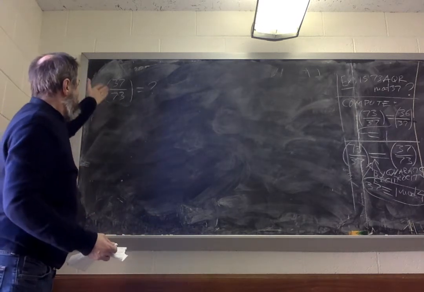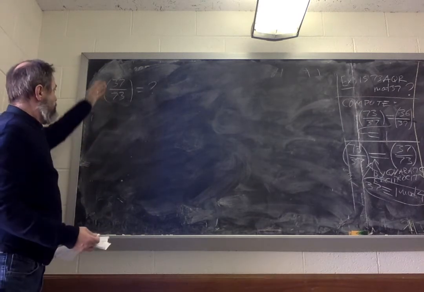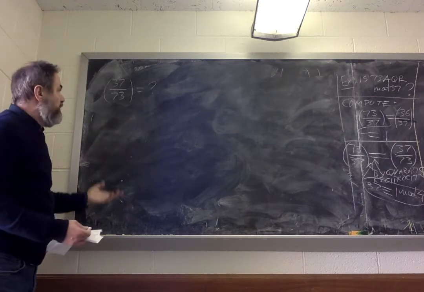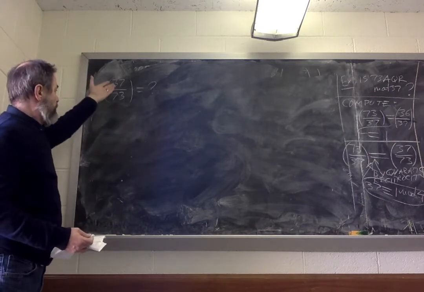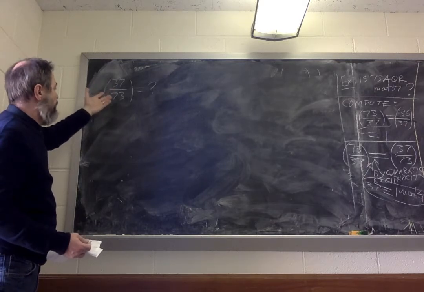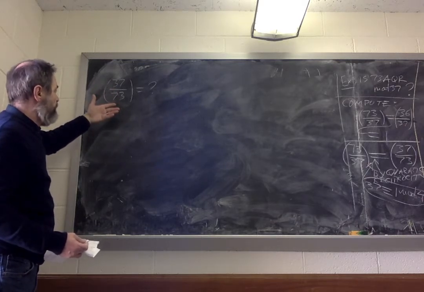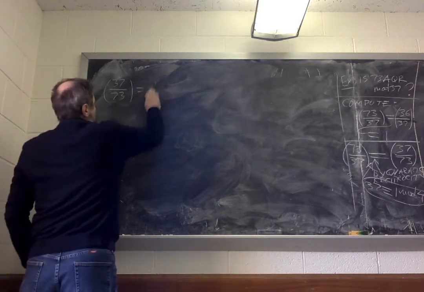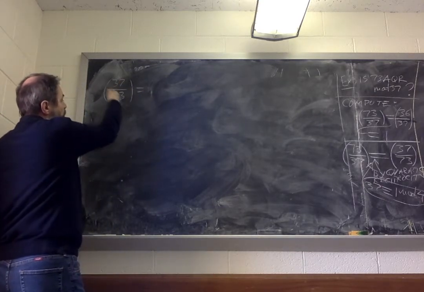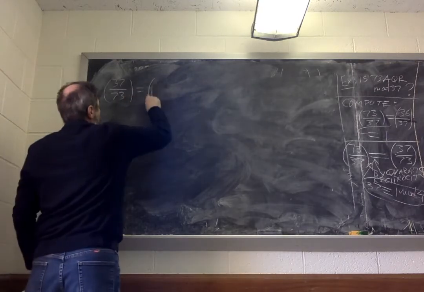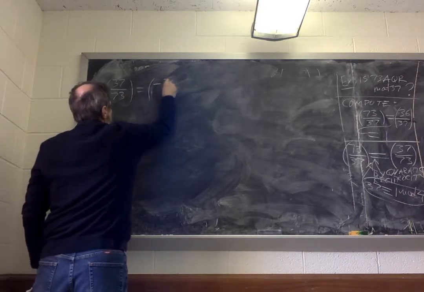I can write that this is equal to another symbol where 37 is replaced by a number that's congruent to 37. Maybe if I subtract 73 from 37, I get actually minus 36.